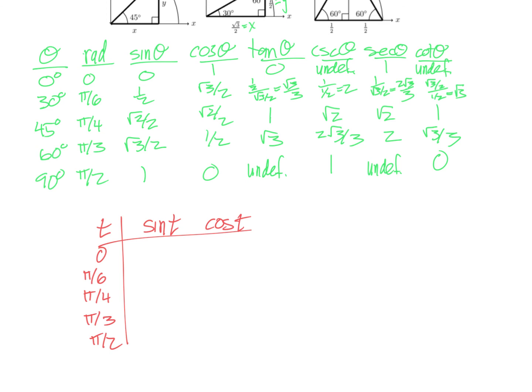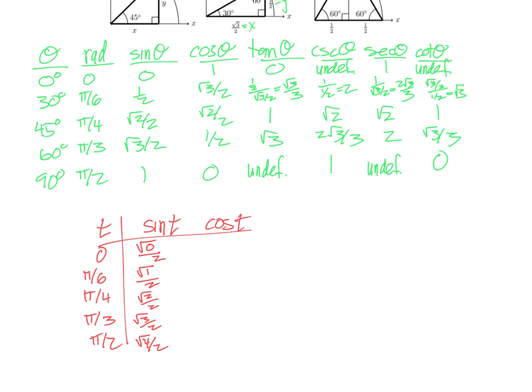What we have is for sine, as we go down this column, right now it might not look easy, but if we just take square root of 0 over 2, square root of 1 over 2, square root of 2 over 2, square root of 3 over 2, and square root of 4 over 2. Well, square root of 0 over 2, square root of 0 is just 0. That's what we had here. Square root of 1 is 1, and then over 2, and these are the same, but square root of 4 is 2. 2 over 2 is 1.